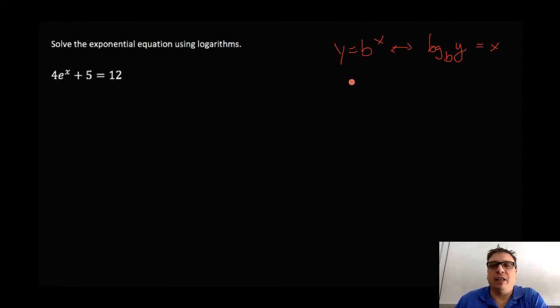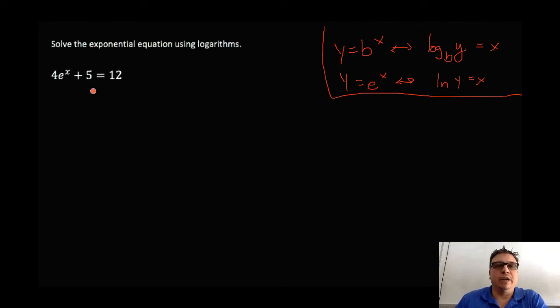Now I can rewrite that if I had an e, which is what we have in this case. Remember that using log base e just means I have a natural log. So this would be natural log of y is equal to x. These are two of those things that we need to remember from all of our work before.